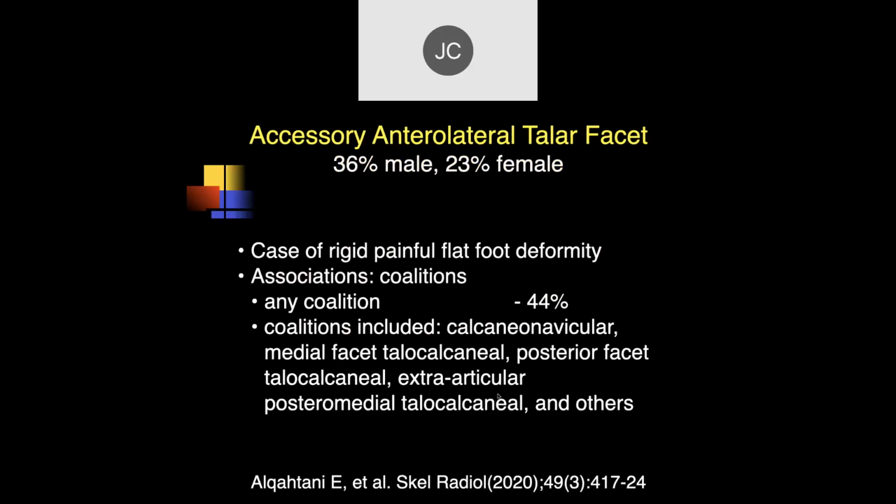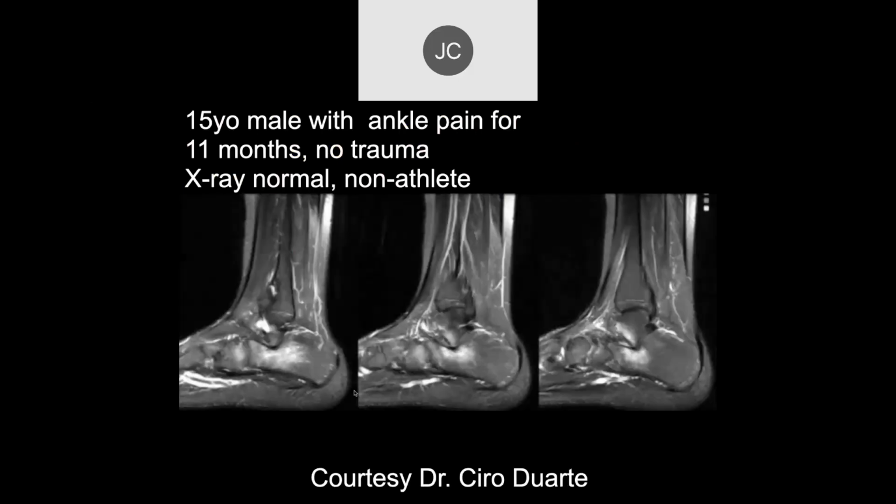Okay, this is another paper that looked at this. It's a case in young teenagers of rigid, painful flatfoot deformity. It's often associated with coalitions, so you have to really look for coalitions. This is just another example. In a 15-year-old, we can see all this bone edema.